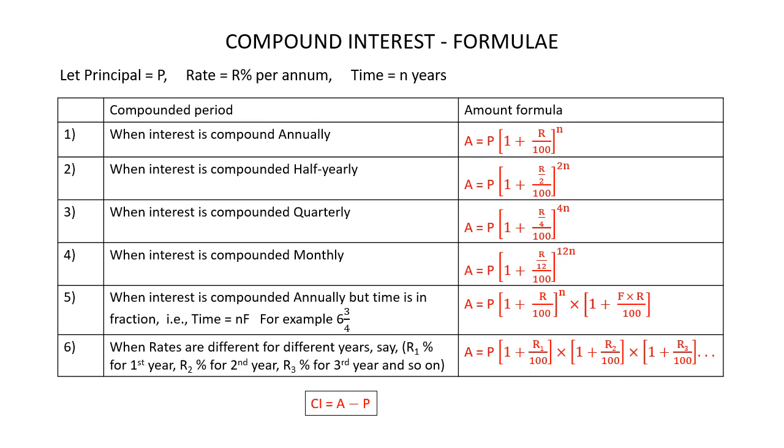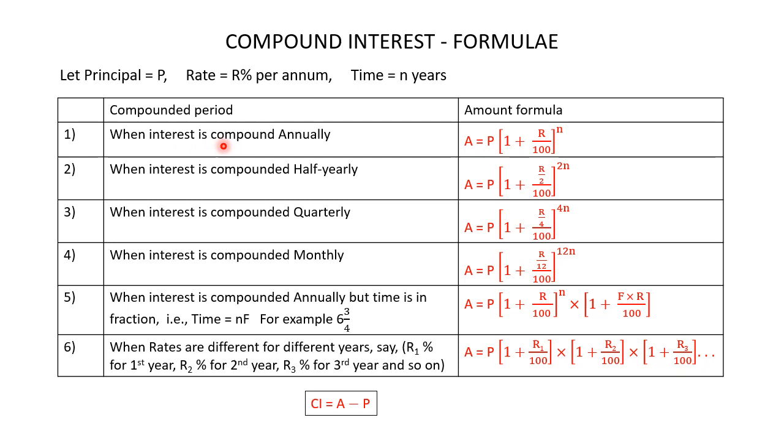So if we know the value of the final amount and the original principal, we can easily calculate the compound interest. Now there are a few formulae to find out the amount for various compounded periods. So here are a few amount formulae.